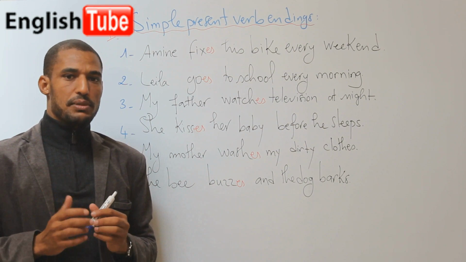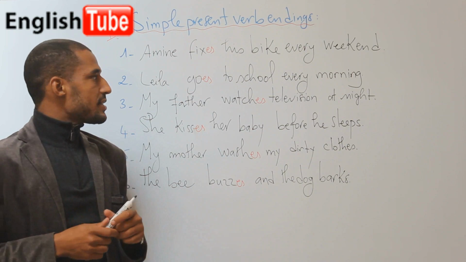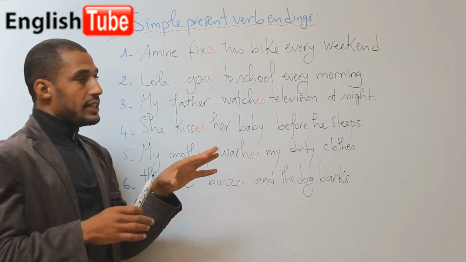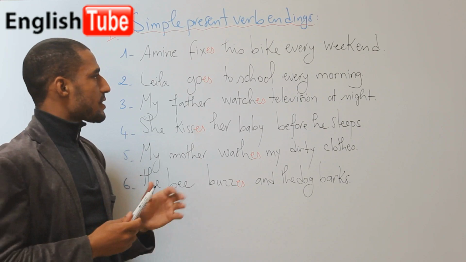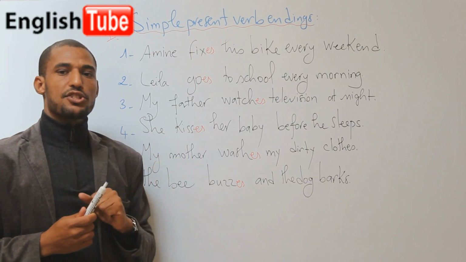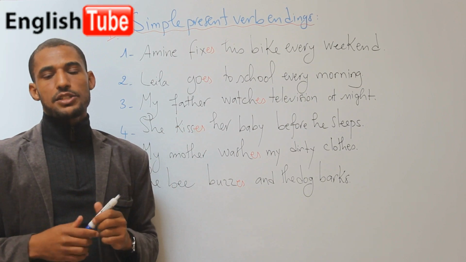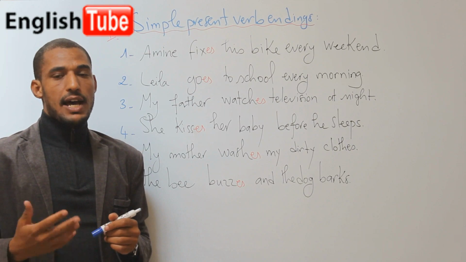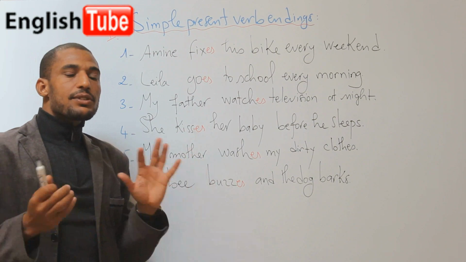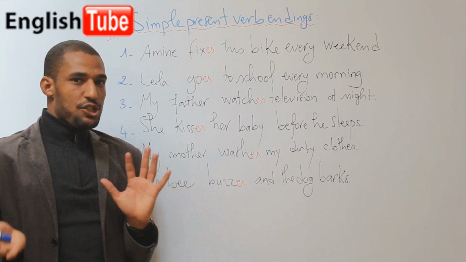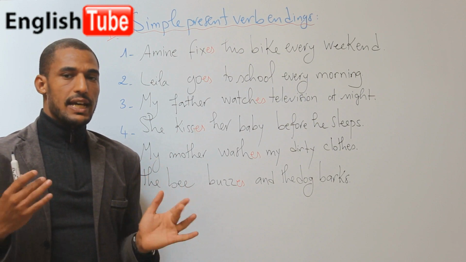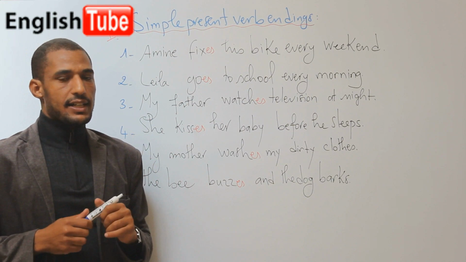The verb should be in simple present, in addition to the pronouns we talked about, which should be either he, she, or it, so that we can add S or ES or IES. So in this lesson, we're going to discover when I should add S or ES or IES at the end of the verb.